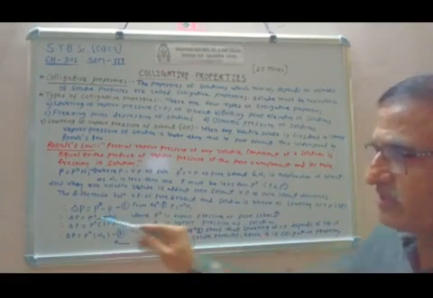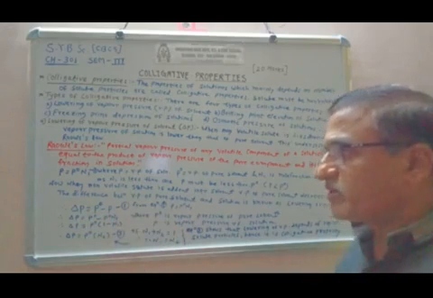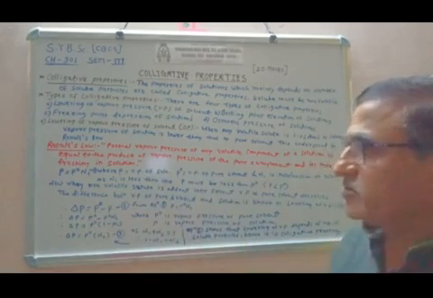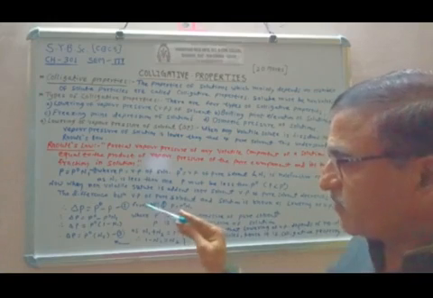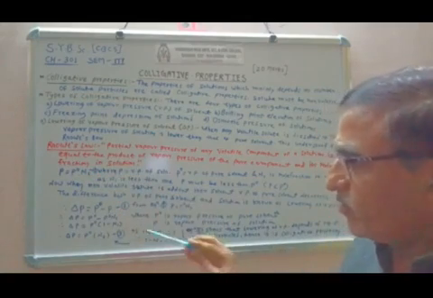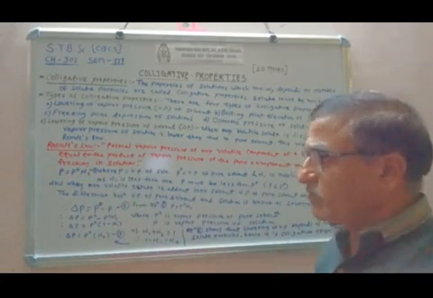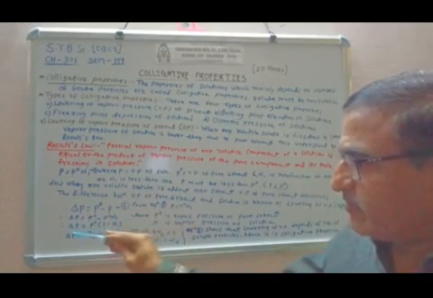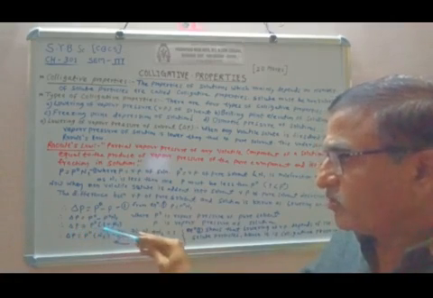So delta P is given as P0 minus P, where P0 is the vapor pressure of pure solvent and P is the vapor pressure of the solution formed by the addition of non-volatile solute particles. This is equation number 2, and P is equal to P0 into N1 is equation number 1. Putting the value of P from equation 1 and simplifying, we get delta P is equal to P0 into 1 minus N1.